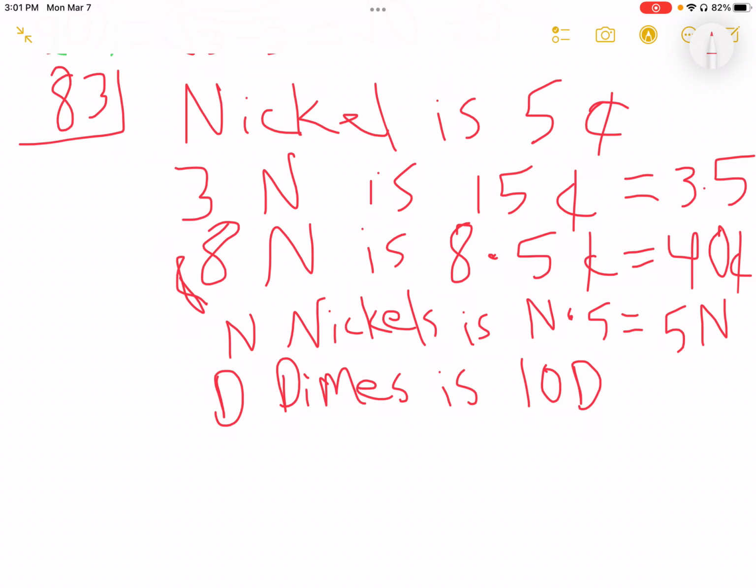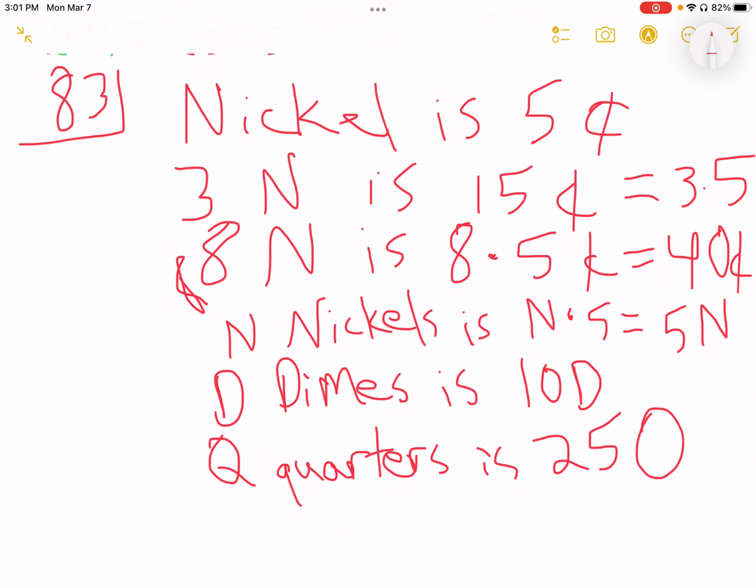Because if I have 1 dime, then I'll have 10 cents, 2 dimes, I'll have 20 cents, and so on and so forth. And then I'd say the value of q quarters is 25 cents times however many quarters I have, right? So if I have 4 quarters, then I have $1.